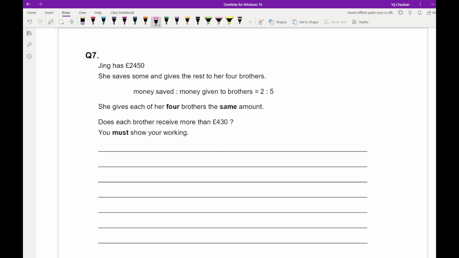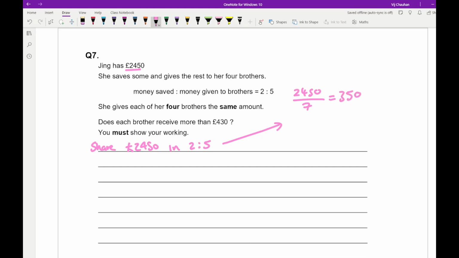So first of all, what we need to do is share 2,450 in the ratio of 2 to 5. So here, we add the numbers in the ratio, which is 7. 2450 divided by 7 equals, and if I type that into my calculator, or if it's a non-calculator, I can just do the bus stop method to work out the division, but that equals 350.